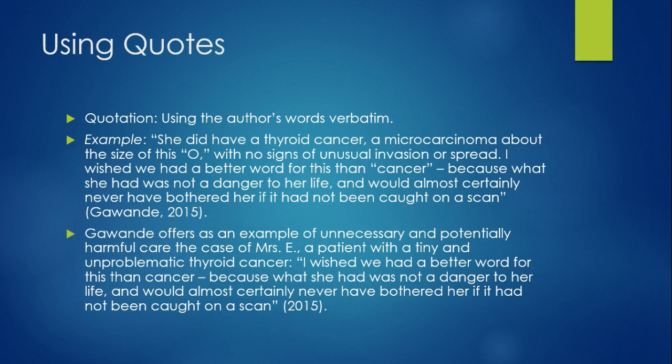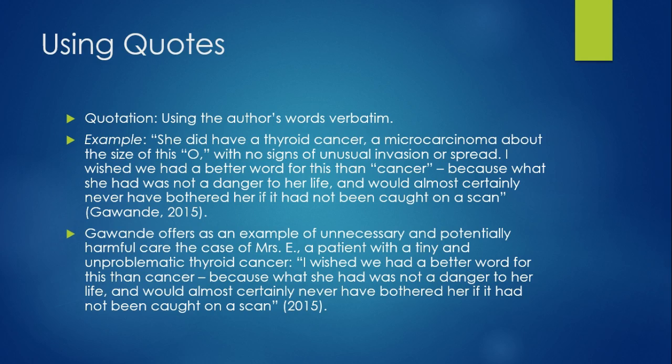It's when you use somebody else's words in your own writing, and when you do that, you must indicate whose words are whose. How do you do it? It seems pretty simple. You just copy and paste and plop them in, right? Not exactly. You still need to integrate them into your own argument.